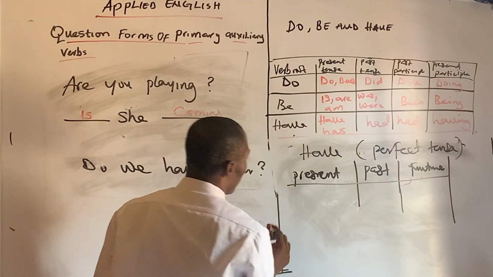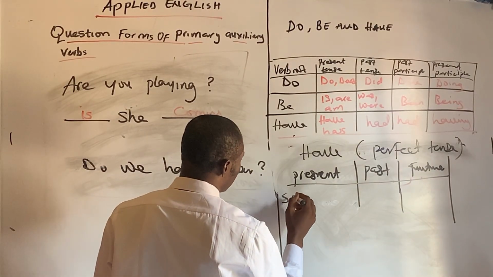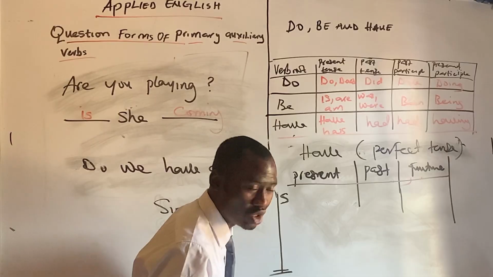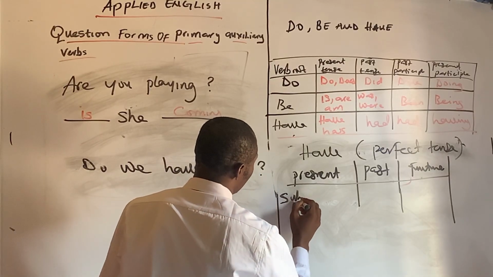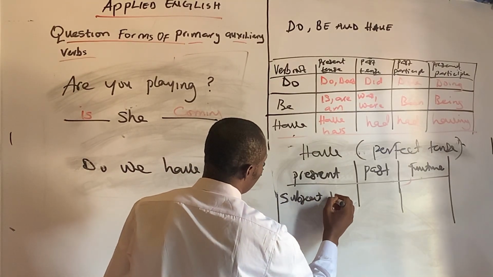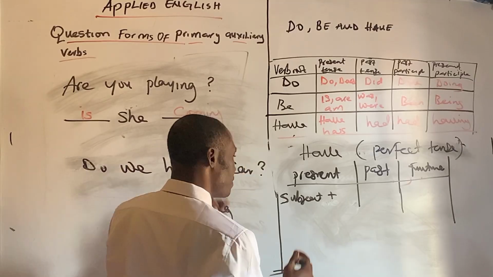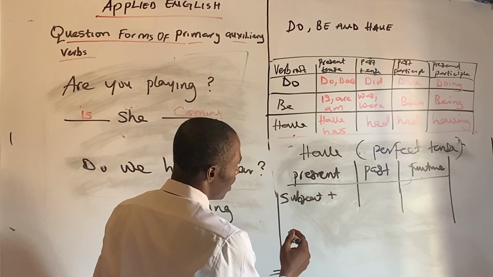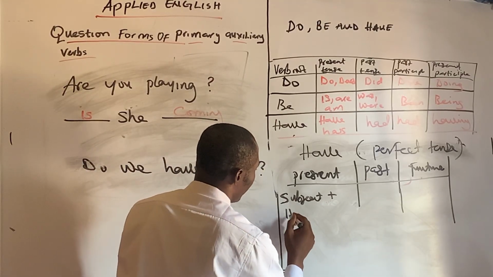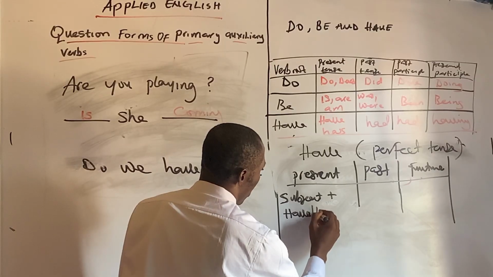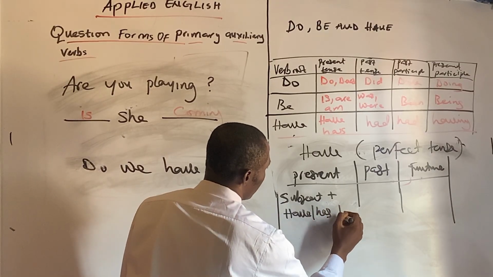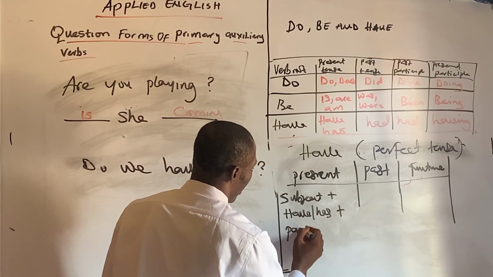For the present, what you do is the subject plus have or has plus a past participle verb.